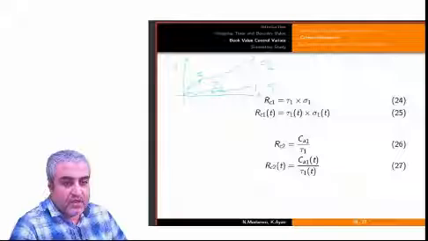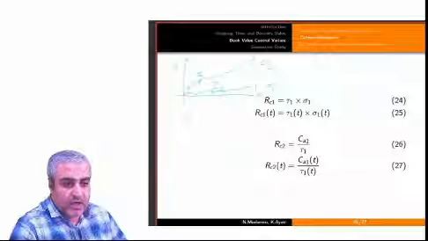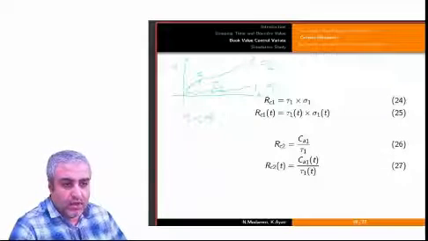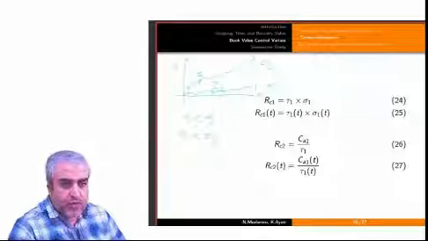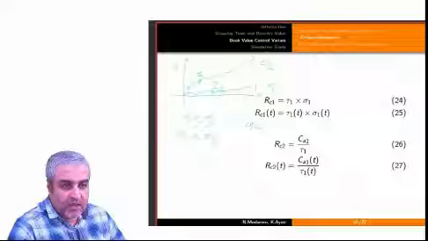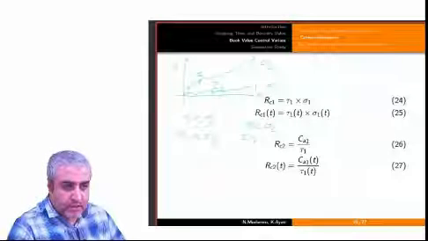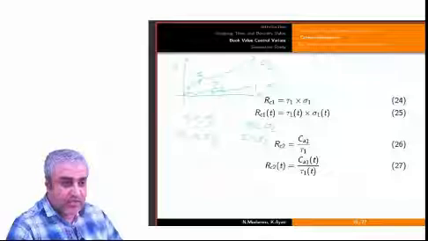If sigma 1 is lower than sigma 2, or tau 1 is lower than tau 2, it's better. But if sigma 1 is lower than sigma 2 but tau 1 is greater than tau 2, which of them is better?